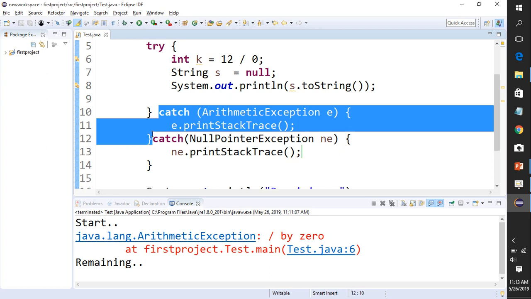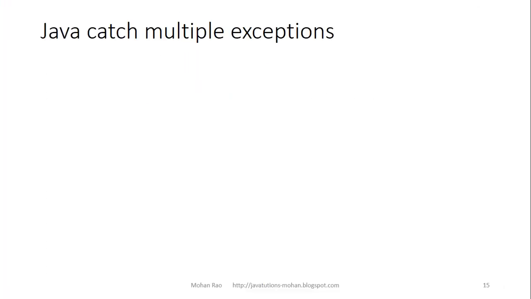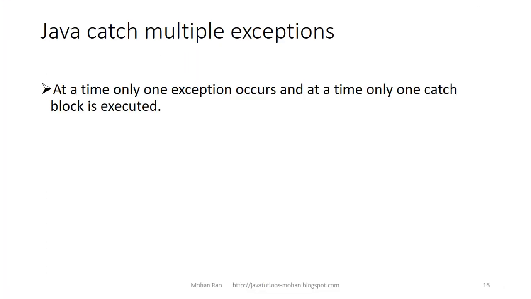So at a time only one exception will be thrown by the try block and only one catch block will be executed to handle the corresponding exception. At a time only one exception occurs and at a time only one catch block is executed.